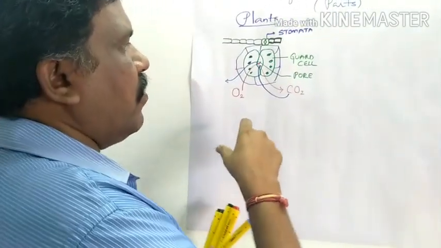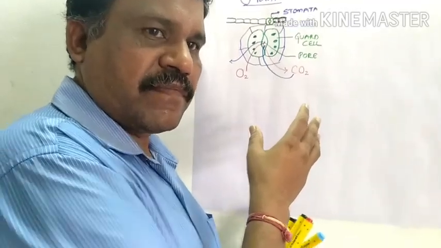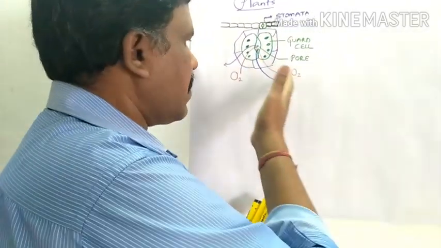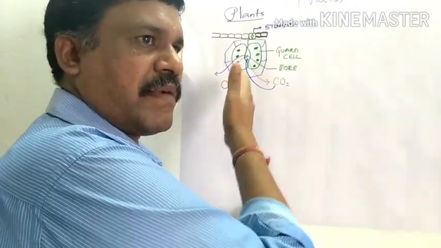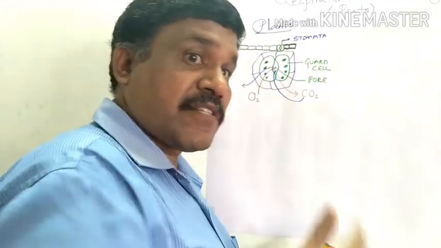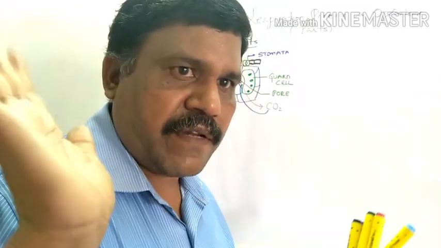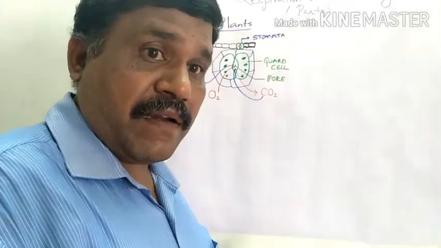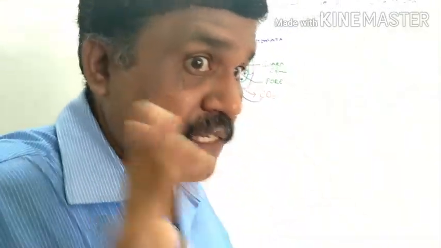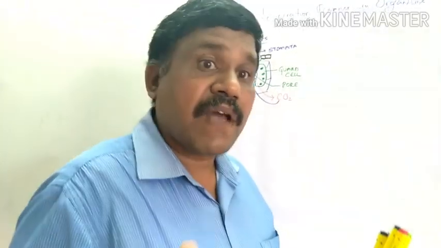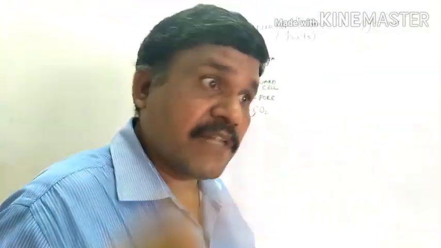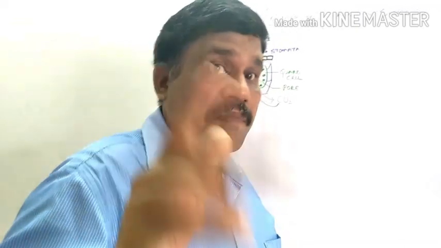So what are the processes? The carbon dioxide is released due to respiration, but it is again utilized due to photosynthesis. This process usually occurs in the daytime. But during the night time, what happens? You know that for photosynthesis, light is very essential for the preparation of food.